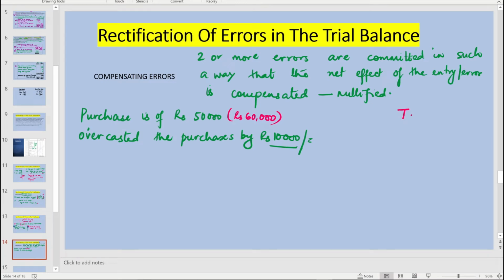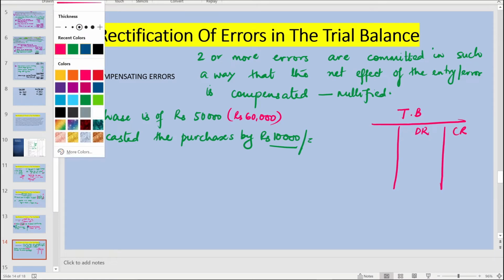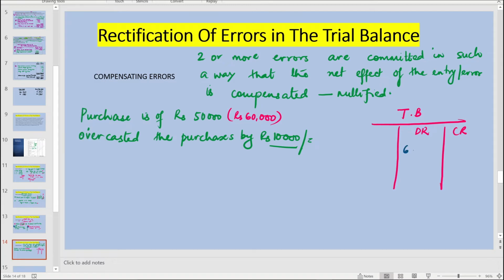So when you see your trial balance, this is your debit and this is your credit, right? The purchases in the trial balance are showing 60,000, whereas it should be 50,000.